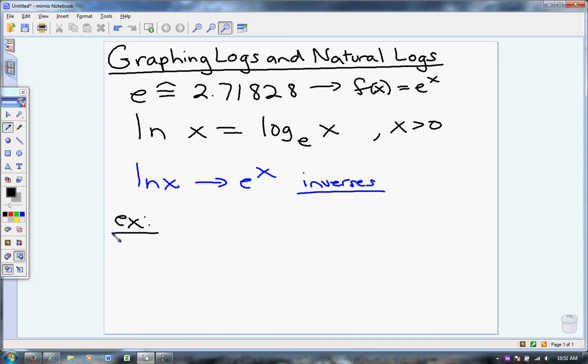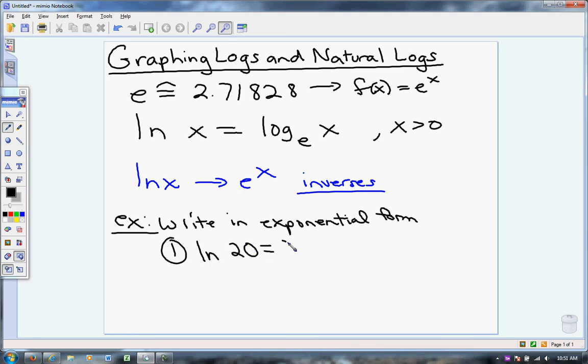Let's say you are asked to write something in exponential form. Write in exponential form. And let's say that it is the natural log of 20 equals 3. Something like that. Okay, you'll have some of these in homework. Very easy.